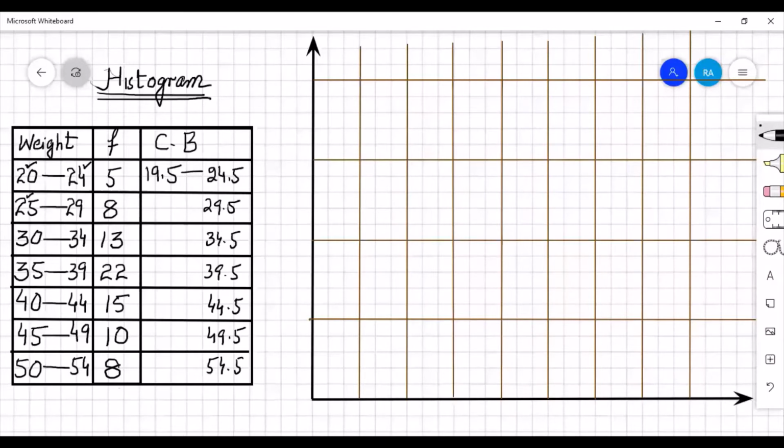This is done by adding 0.5 to the upper class limits and by subtracting 0.5 from the lower class limit.